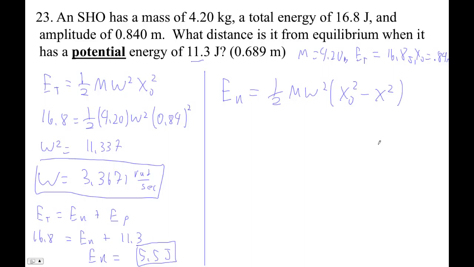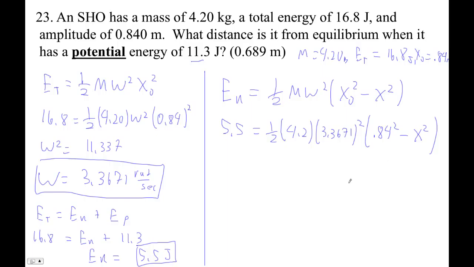So we can just plug in: 5.5 is 1/2, the mass is 4.2, omega is 3.3671 squared, the amplitude is 0.84, and the distance from the equilibrium is what we want to find. How on earth are we going to do that?